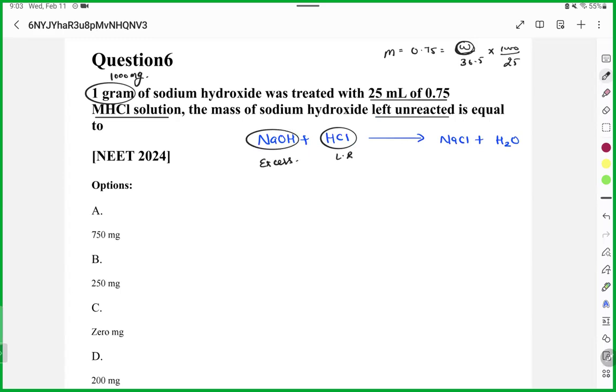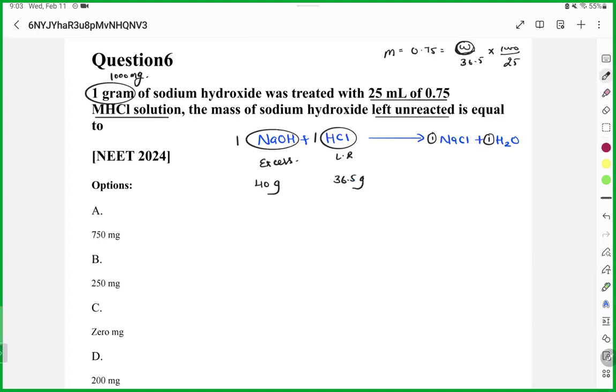If you take 1 mole of NaOH, react with 1 mole of HCl, it will produce 1 mole of NaCl and 1 mole of H2. Correct? This is the ideal situation. If you take here 40 gram, 1 mole is equal to 40 gram, it should be 36.5 gram, right?